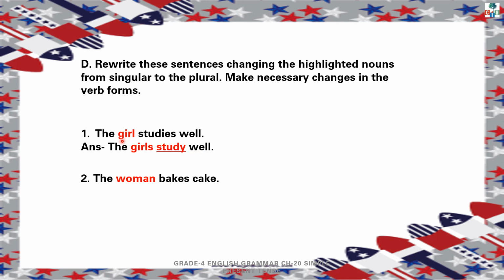Change the noun or the subject into the plural form and use the plural verb also. Clear? Next, the woman bakes cake. See the answer? The women bake cake. Clear? See the subject, see the noun and change the verb accordingly. Okay.